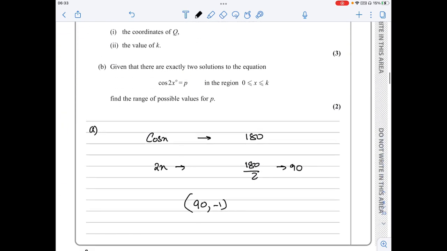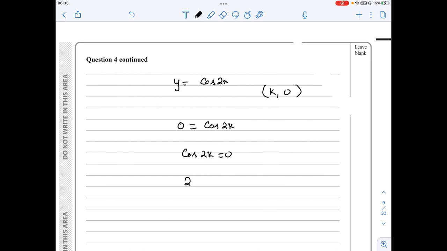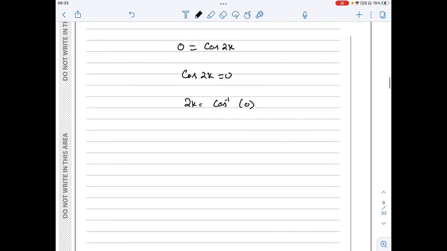So we know that 2k equals cos inverse of 0. What is cos inverse of 0? It is 90 degrees. So 2k equals, the general solution for cos, 2nπ plus or minus π by 2. So k equals 2nπ plus or minus π by 2, divided by 2.